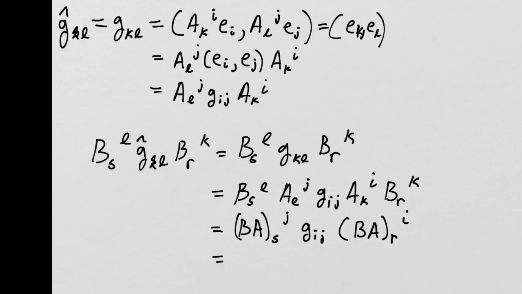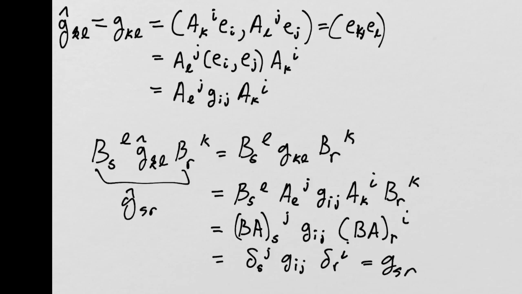And so you end up with this whole thing equaling delta Sj, G ij, delta Ri, which equals G SR, which is what this here is, G hat SR. When that's all finished, G SR equals G hat SR, which is by the definition of an isometry.